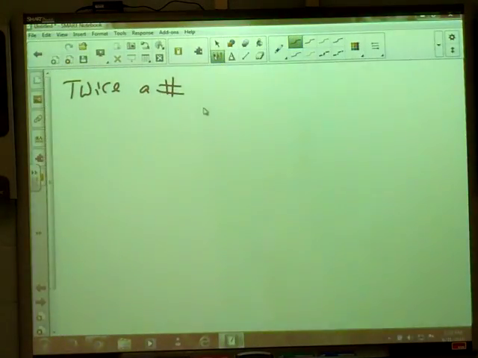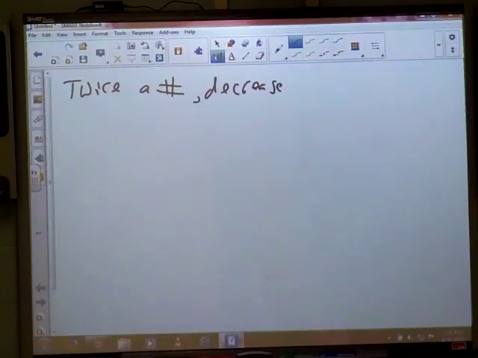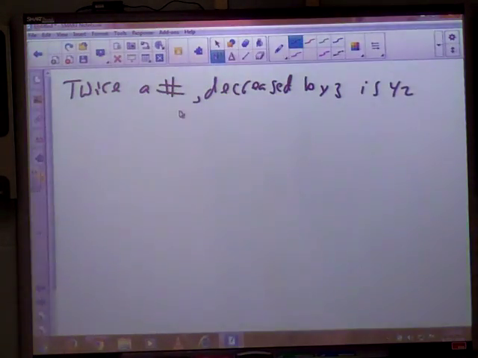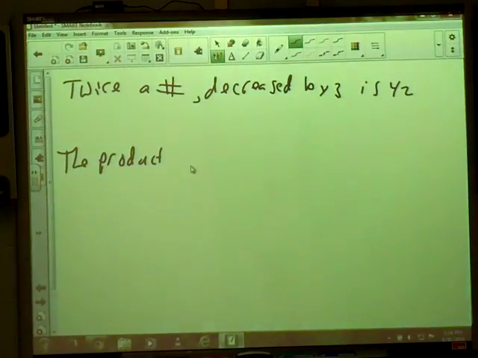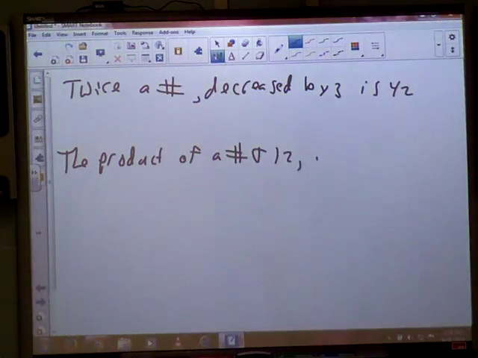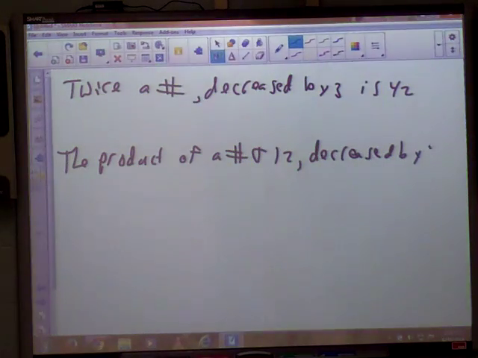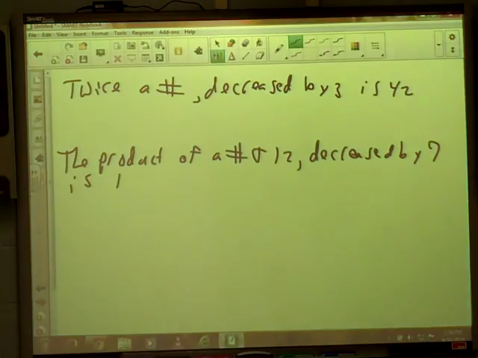We've got twice a number decreased by 3 is 42. There's number 1 that we're going to look at. Number 2 says the product of a number and 12 decreased by 7 is 105.